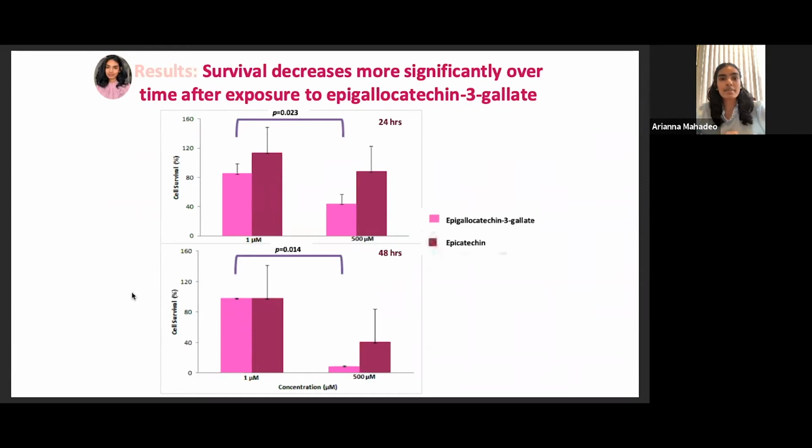As the exposure time increased to 48 hours, this effect was even more pronounced. You can see this because when the two values connected by the bracket were compared, a p-value of greater than 0.01 was calculated. However, there was no significant decrease observed for Epicatechin.